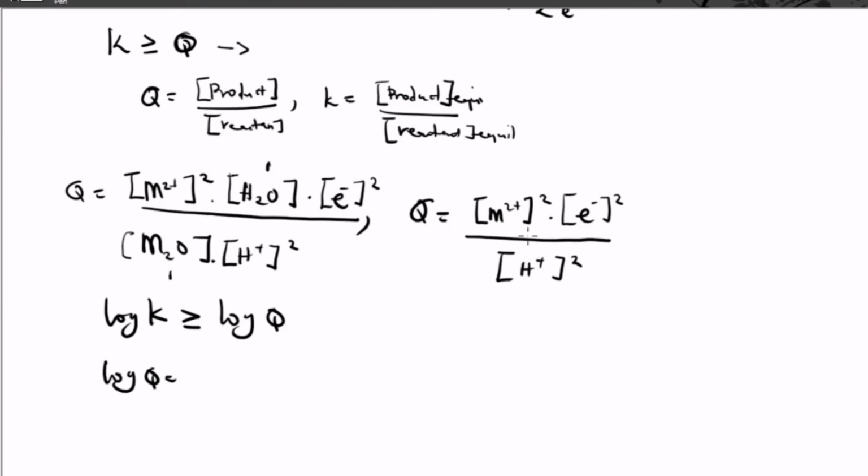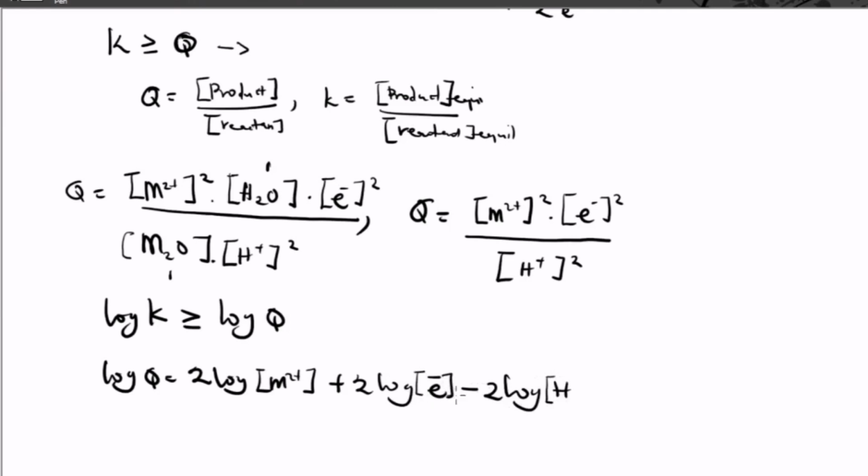With the logarithmic rule, this is going to give you 2 log M2+, plus 2 log electron, then minus 2 log hydrogen ion concentration. I hope you understood that, because you've changed it to logarithm, and if it's division it's minus, and if it's multiplication it's plus.